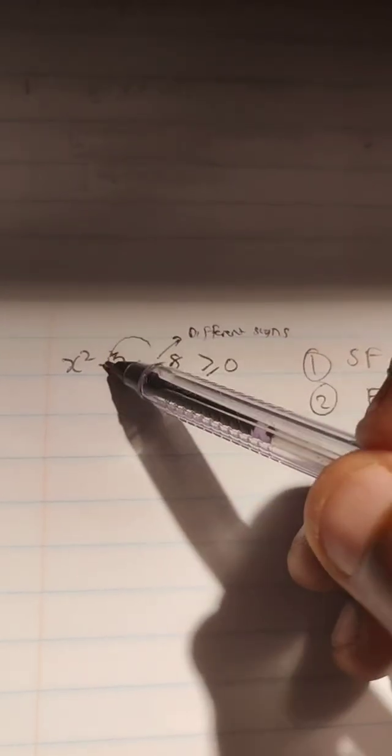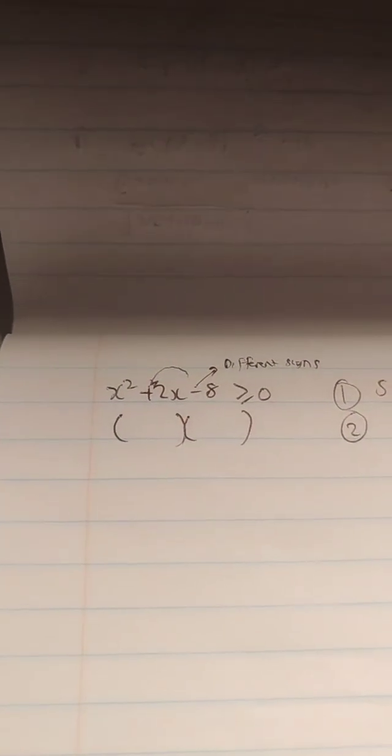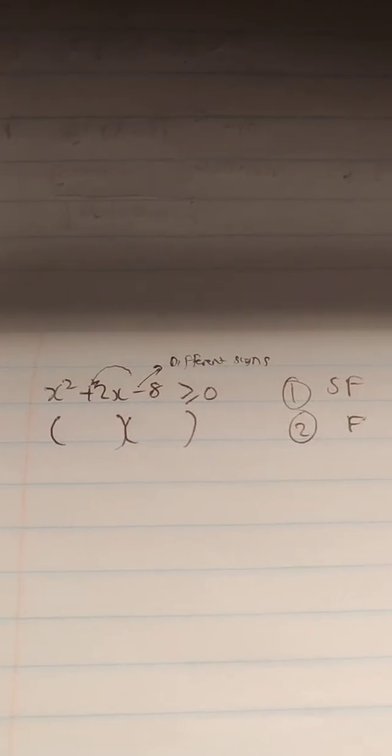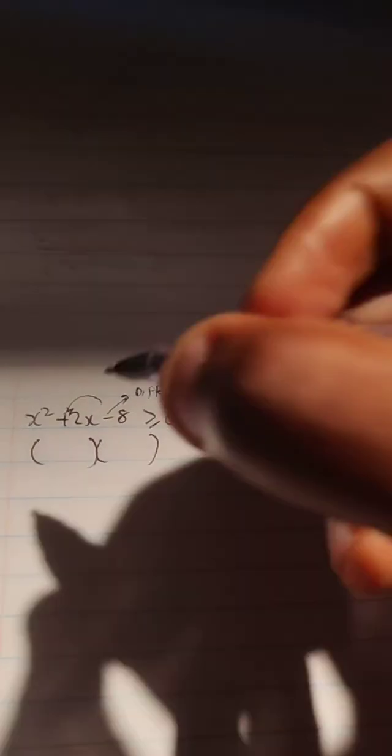So we first check then, what are the factors of 8? We open two brackets because this is a quadratic expression that can be factorized. Different signs, positive and negative from the get-go.